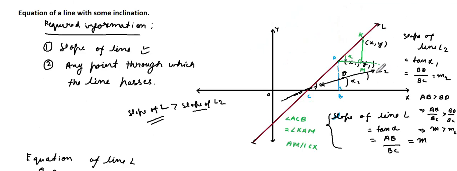One more thing. Let me ask you the coordinates of this point. If you had watched the previous video, I would have told you that if a line is passing through A and is parallel to the x-axis, then you should be able to predict the coordinates of this point M. It will turn out to be x comma y1, not x1 comma y1.